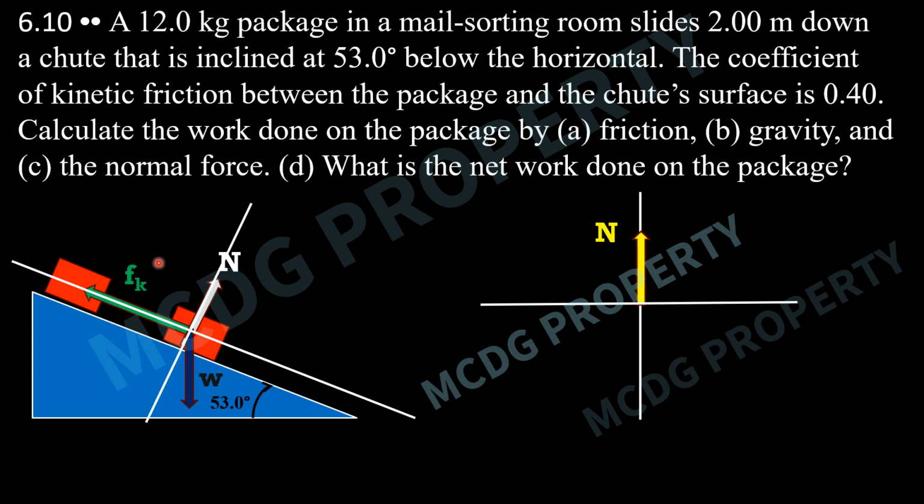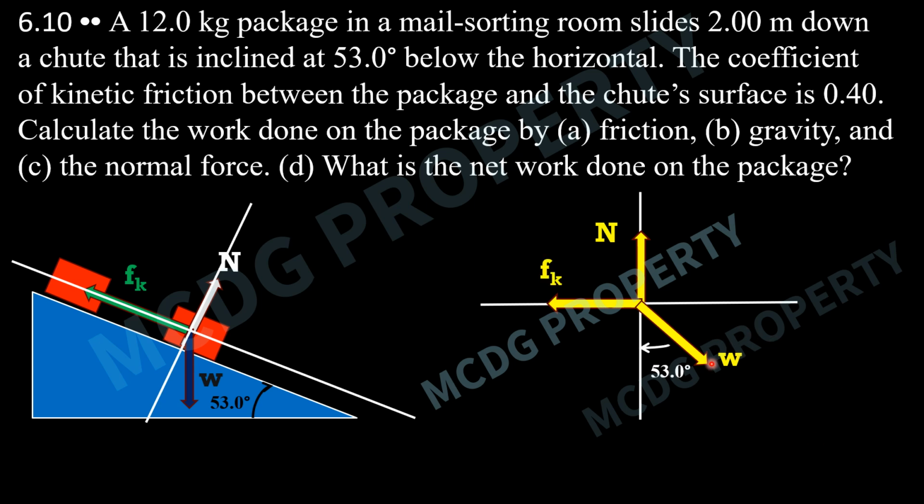So the normal force is along the y-axis. The weight in this case, as you can see, is on the fourth quadrant. And the frictional force is along the negative x-axis.